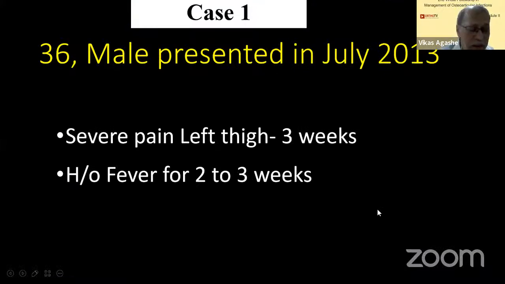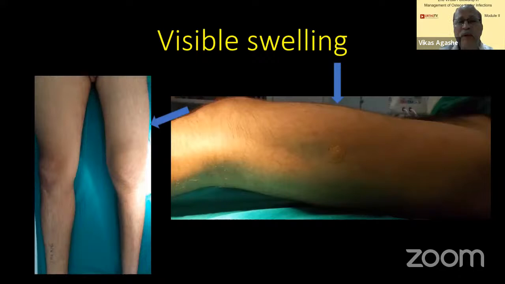Okay. So this was a case from closet, and what we call is what else could have been done. You have gone through this case. The patient came in with signs suggestive of severe infection. There was a visible swelling in the thigh. There was a biopsy mark.